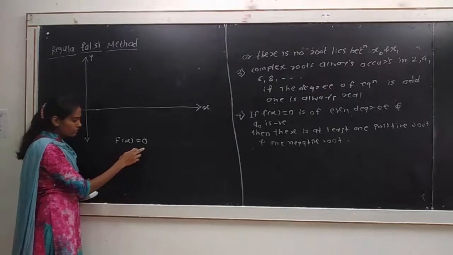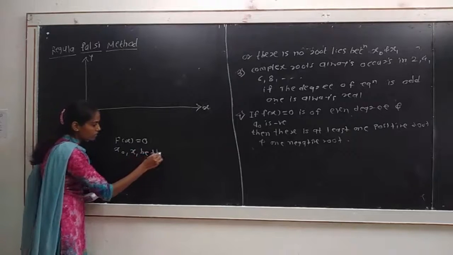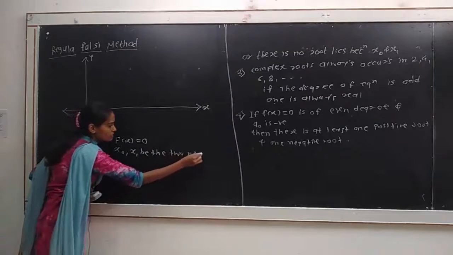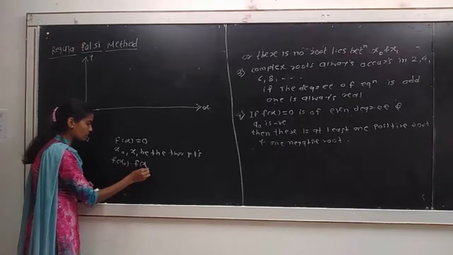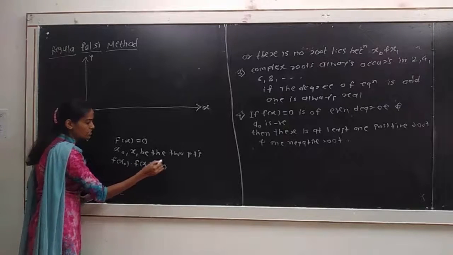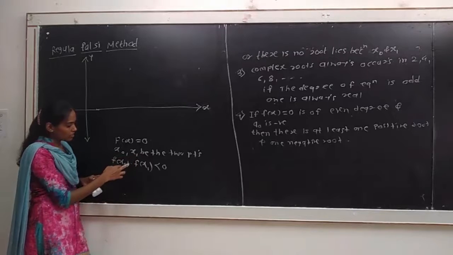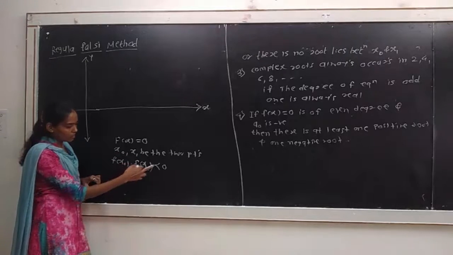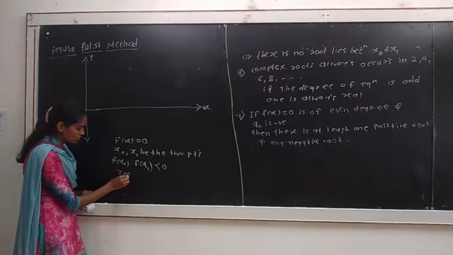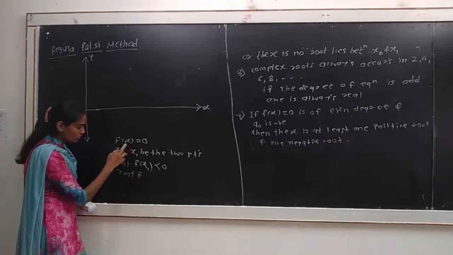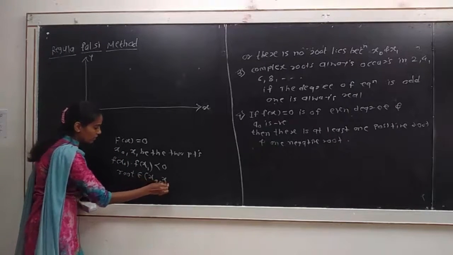For f of x is equal to 0, suppose we take x0 and x1 as the two points where f of x0 into f of x1 is less than 0. We consider two points x0 and x1 such that their product is less than 0. Then by using the rule, the root of this equation belongs to the open interval x0 comma x1.